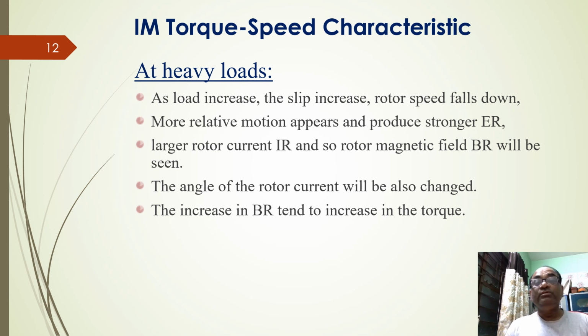More relative motion appears to produce a stronger ER, so rotor EMF is larger, the rotor current is larger, and so the rotor magnetic field BR will be seen. The angle of the rotor current will also be changed. The increase in the BR will tend to increase the torque.